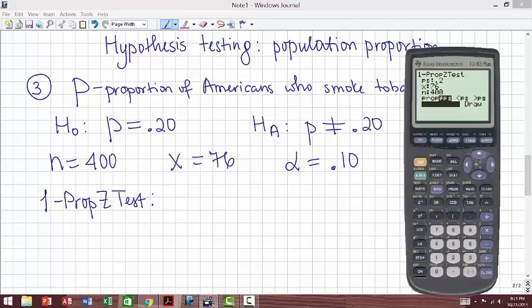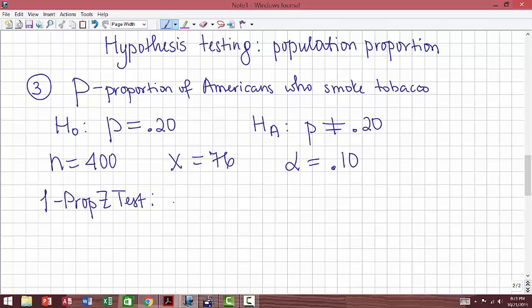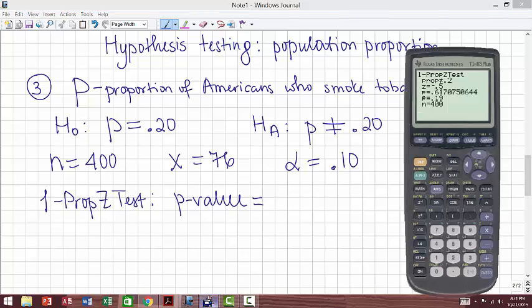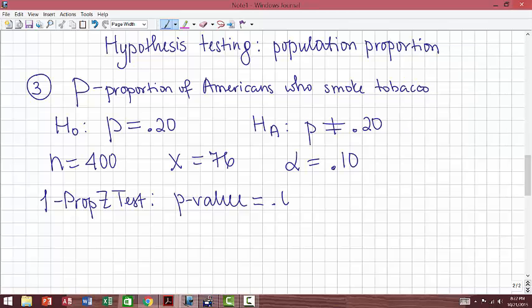Let's compute this p-value. The p-value that we get is pretty large. It's 0.6171. That is definitely greater than 0.10, which is your alpha. That's a very large p-value.